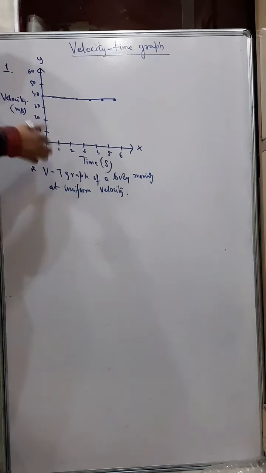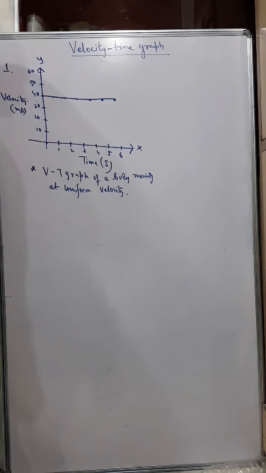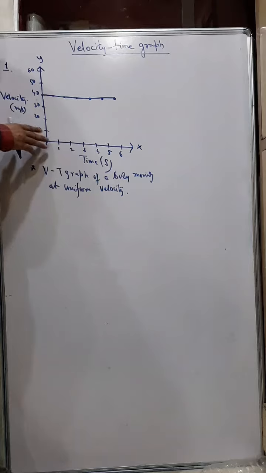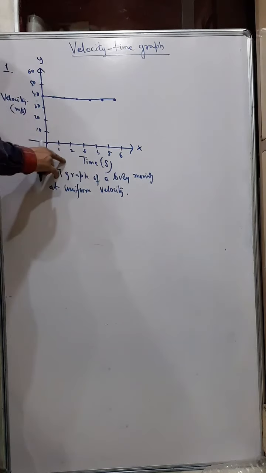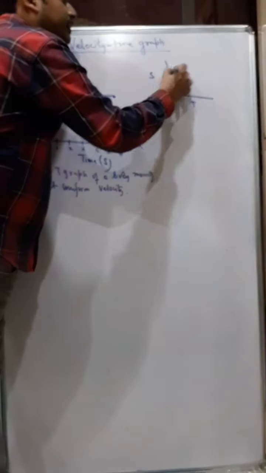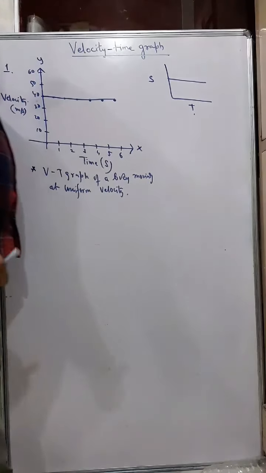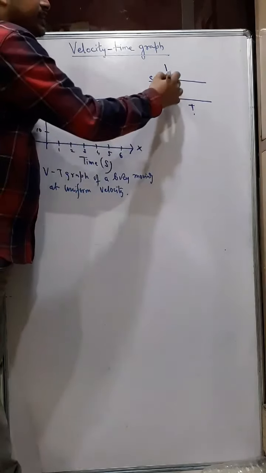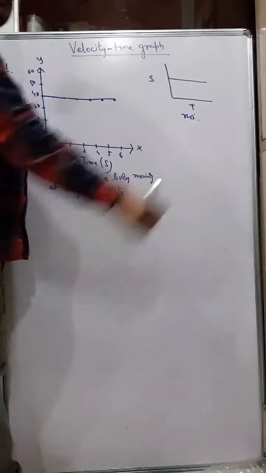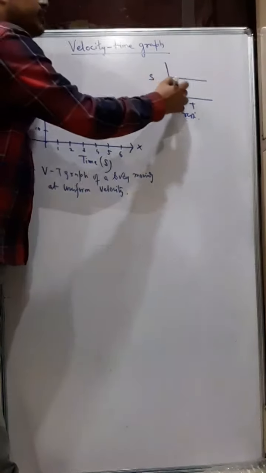But if you remember in the displacement time graph, so when you don't get confused, in a displacement time graph, if the graph is straight, in that case the body is at rest, because the displacement is not changing. But in this case the velocity is not changing.